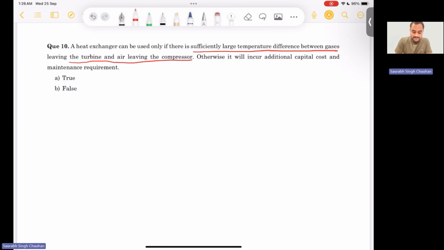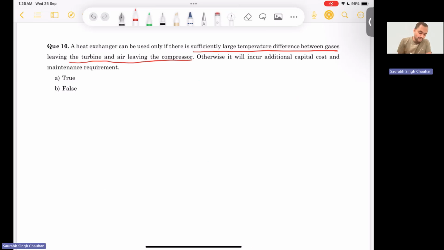Whenever you are putting some additional component, it can increase the efficiency a little bit. But if the money that you saved because of increased efficiency is not significantly higher than the additional capital cost and the maintenance charges, then there is no point, right?